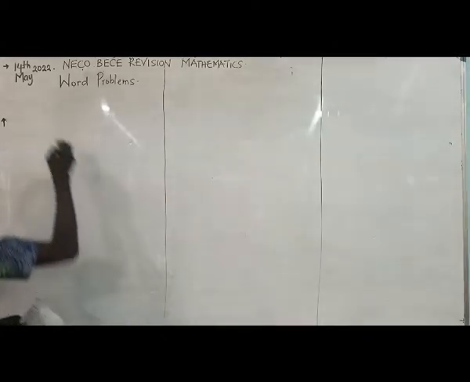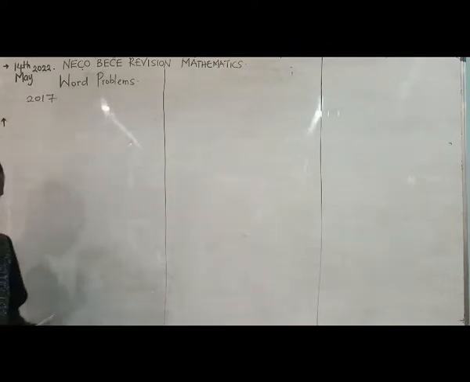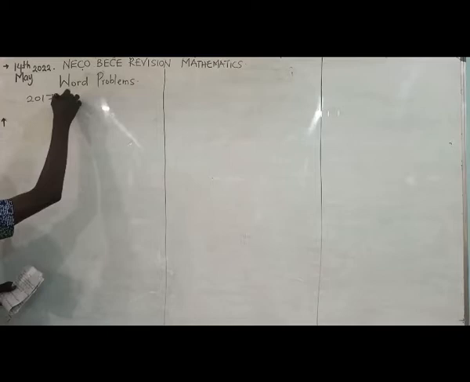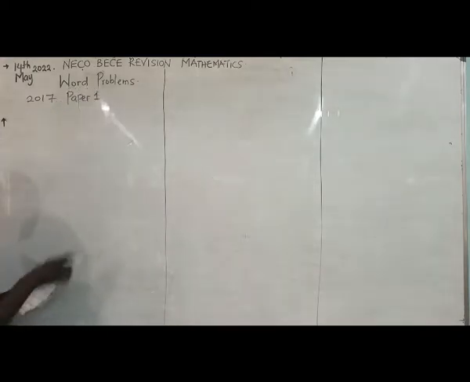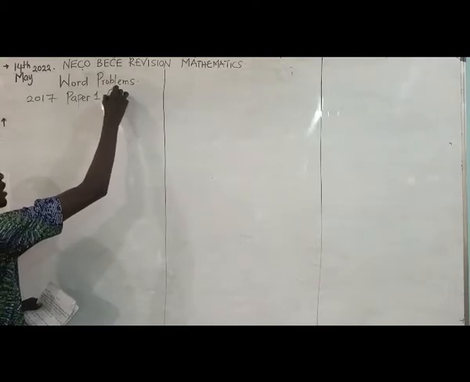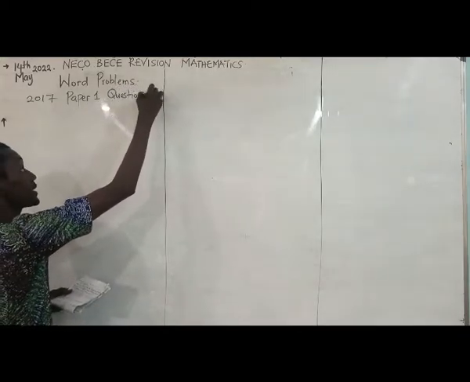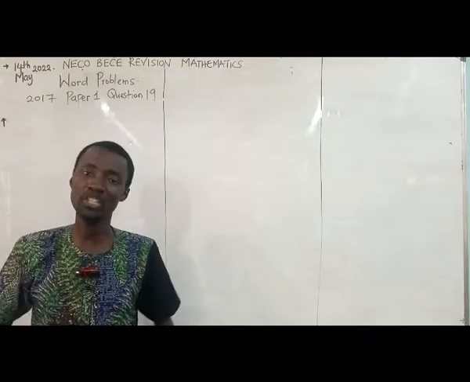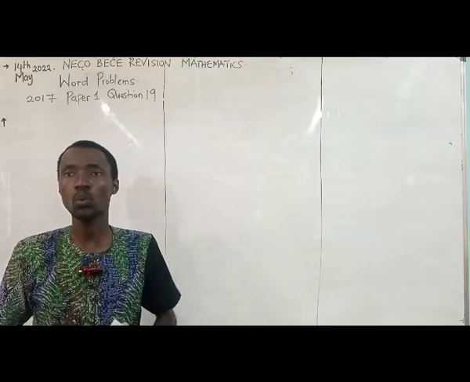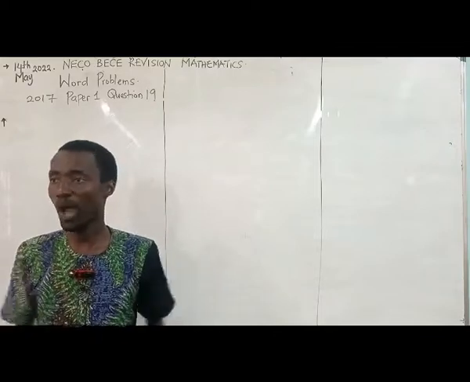I will start with 2017, paper 1, and then we'll look at question number 19. Now, because this is an OBJ exam, there are certain things that will not be required of you.